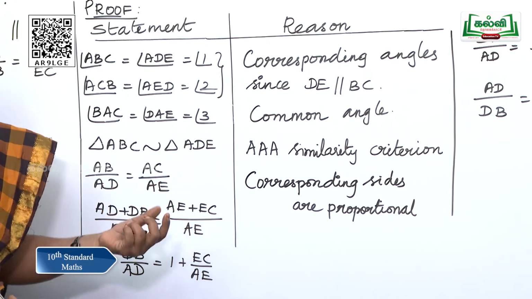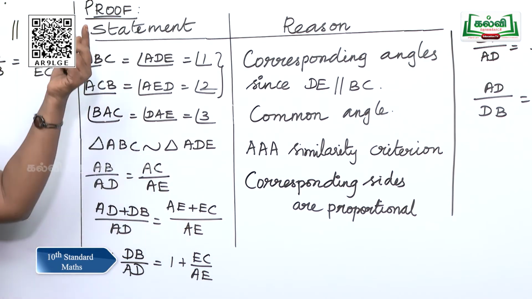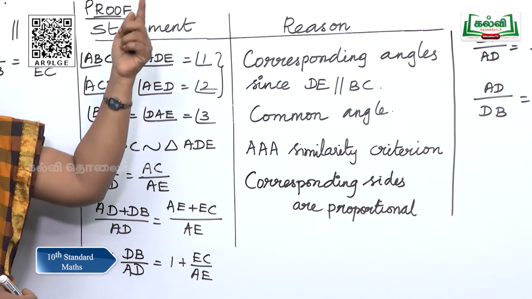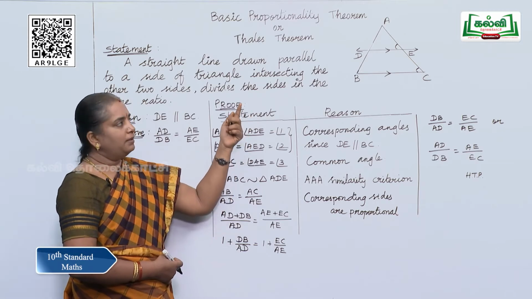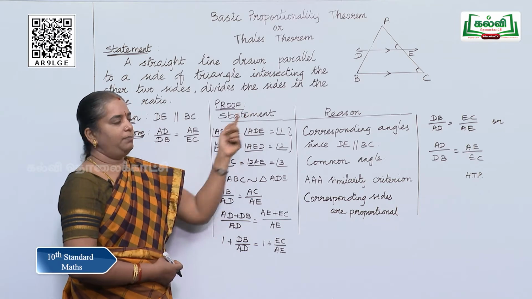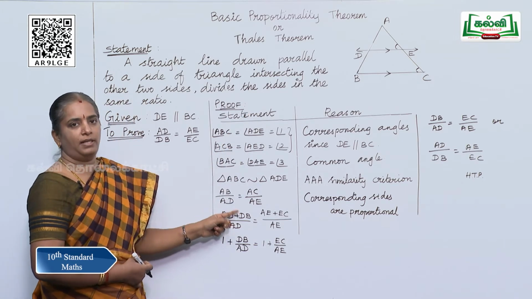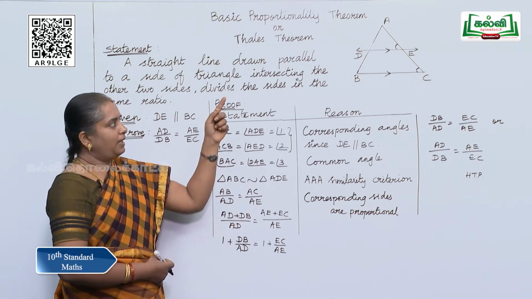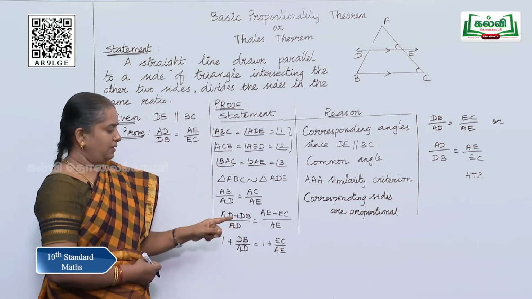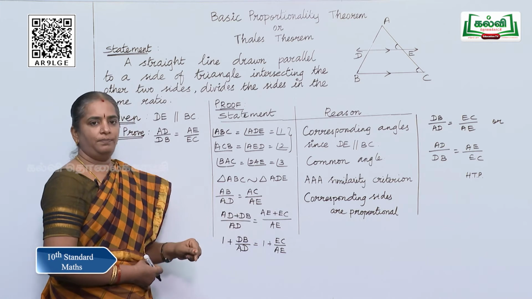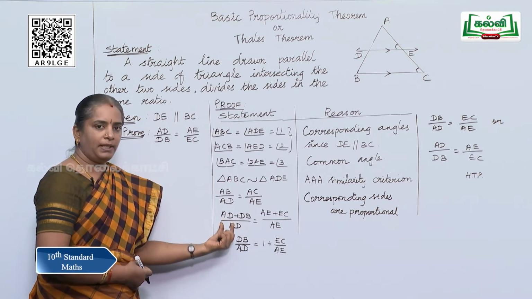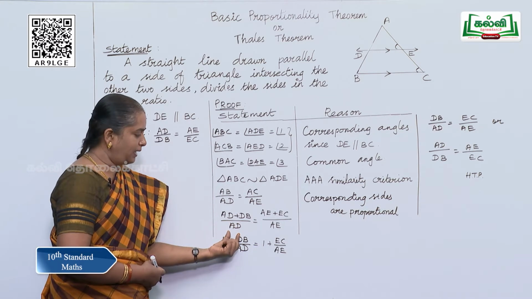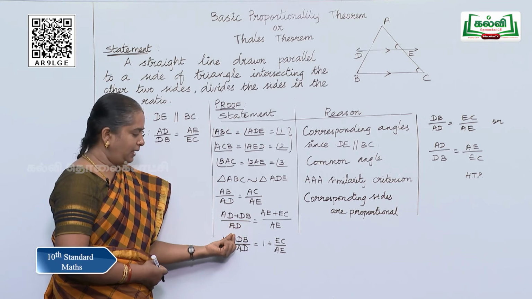One more thing, we can split AB as, look at the triangle, AD plus DB, and AC can be split as AE plus EC. Then splitting the fraction, AD by AD plus DB by AD, and AE by AE plus EC by AE.